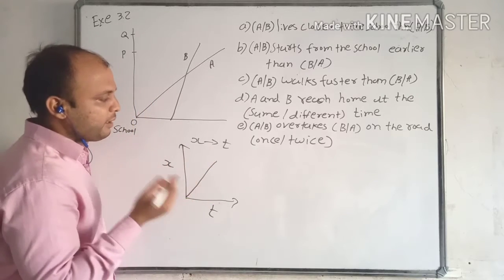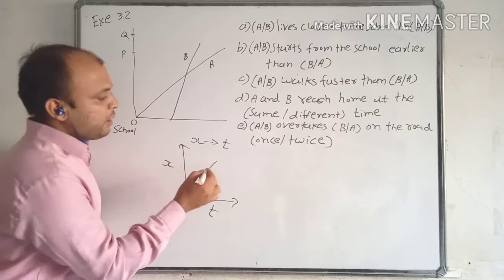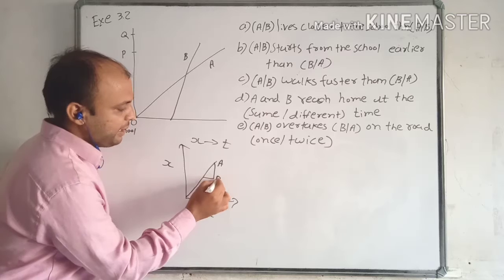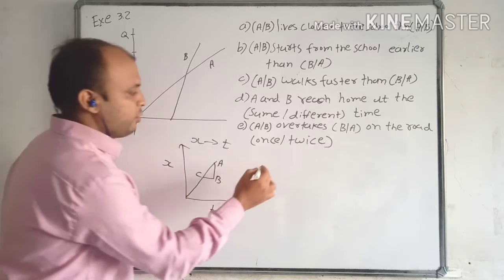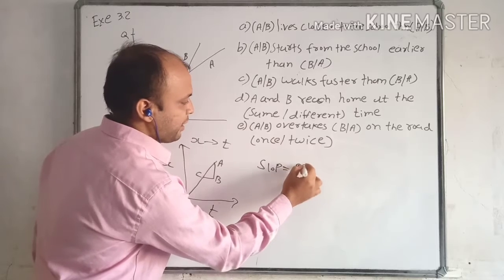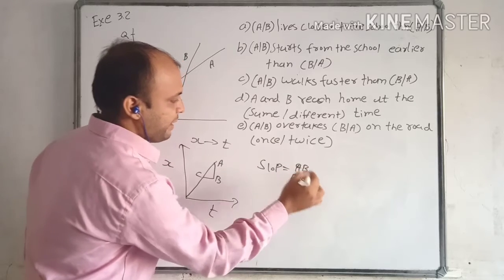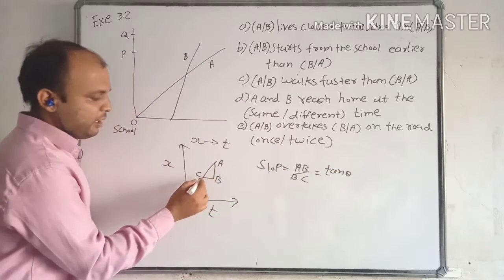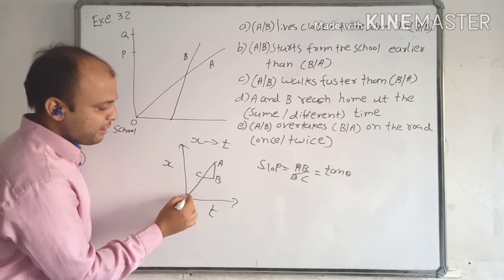We have to find the slope of this graph. How can we find it? We take points A, B and C. So the slope will be AB upon BC, and that is equal to tan theta, where theta is the angle with the x-axis.